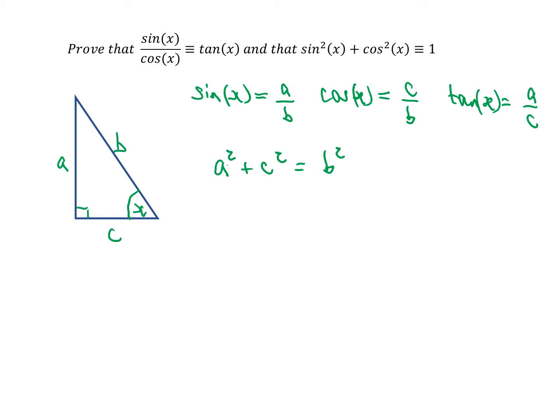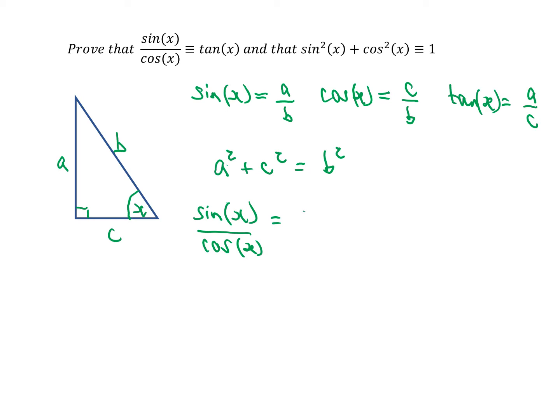Okay, so let's now set about trying to prove the first of these identities. So we're trying to find out what sine X divided by cos X is.